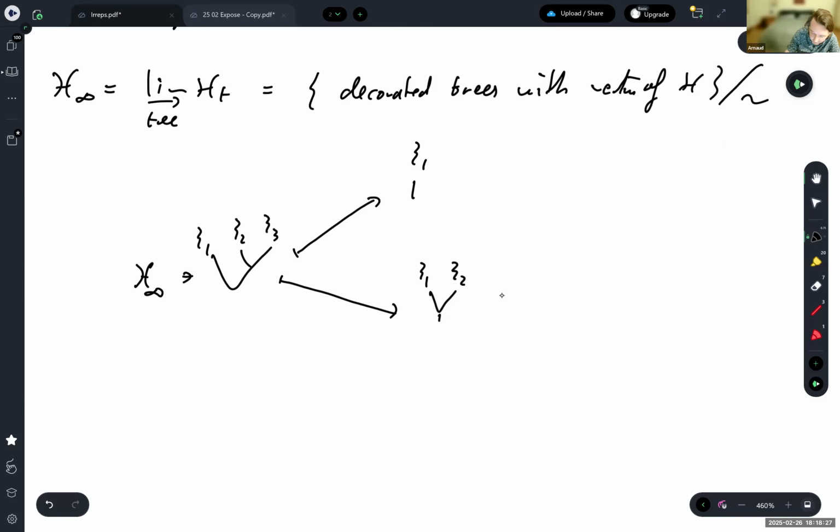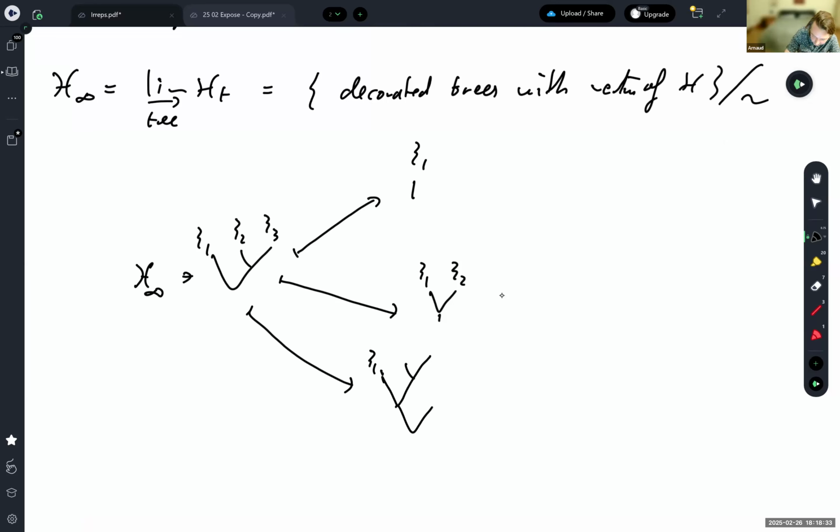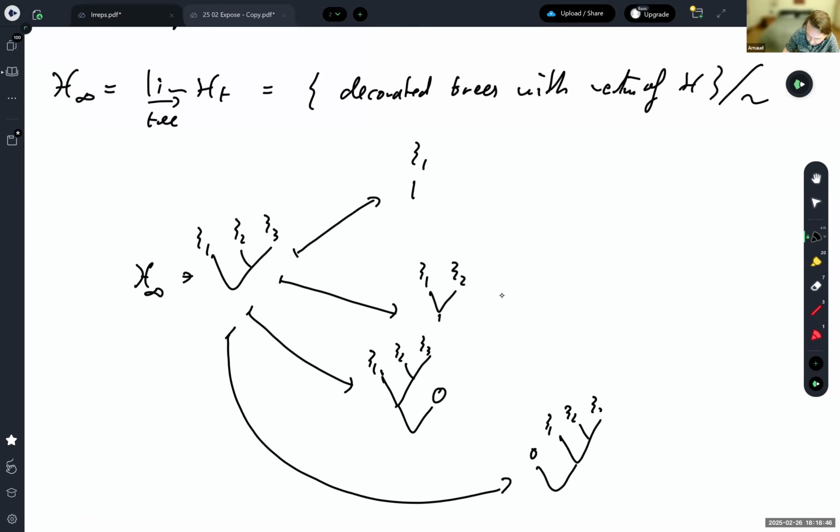Or you want to put that on a bigger tree on the left, let's say, so I'm just adding one caret below, and then the new guy gets 0. Or you just put it on the right.